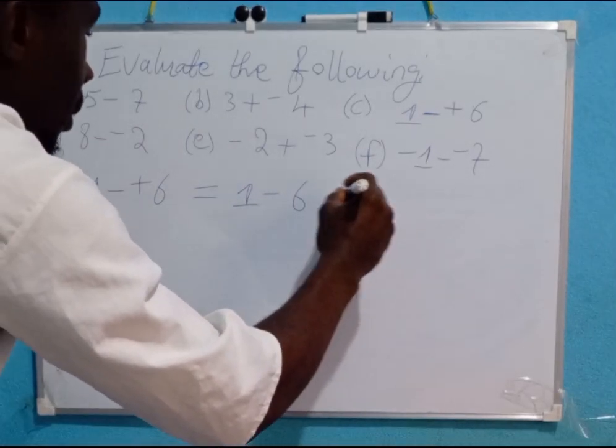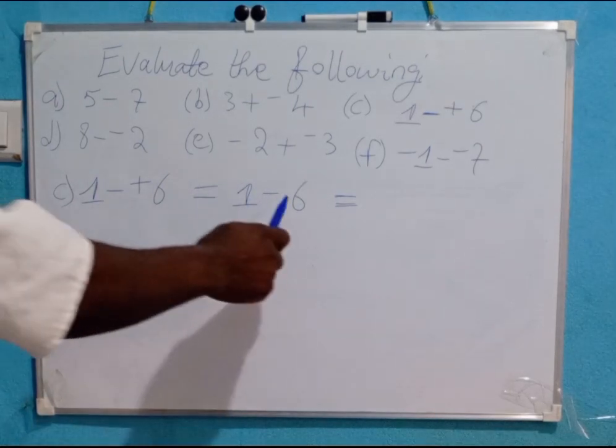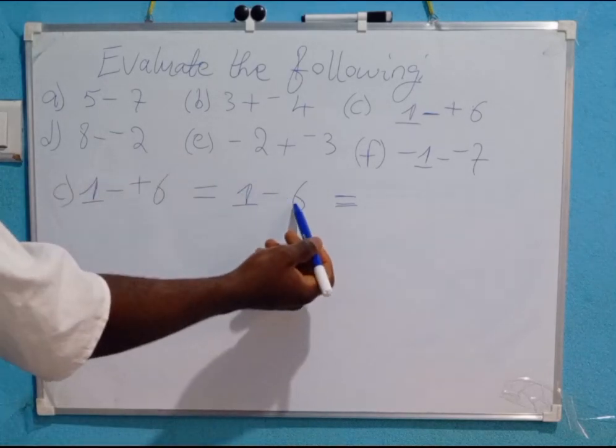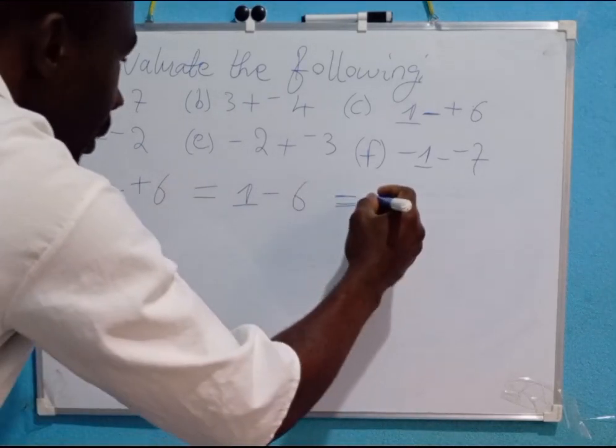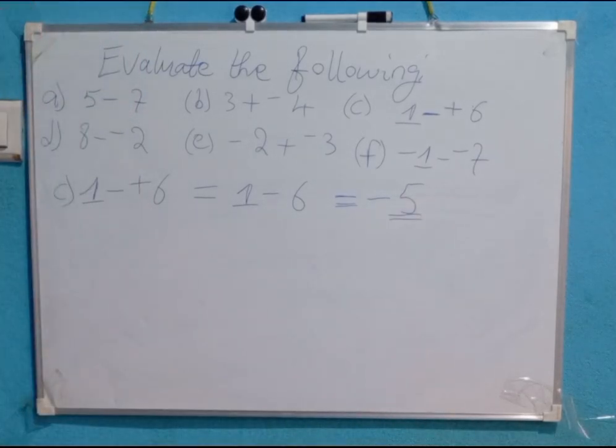We are subtracting a bigger number from a smaller number, so the result will be negative. We know if we take 6 minus 1, it gives us 5. But since we are subtracting the bigger number 6 from the smaller number 1, the answer will simply be negative 5. So this is the result.